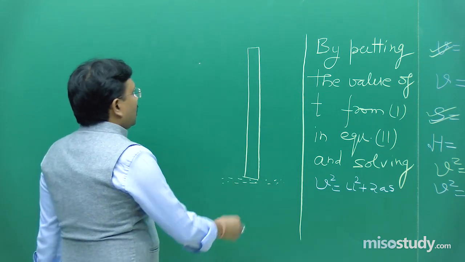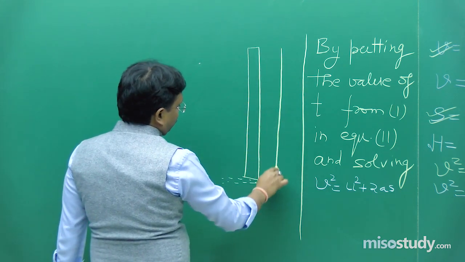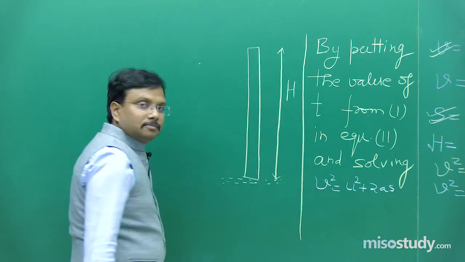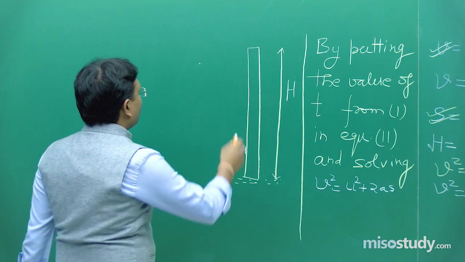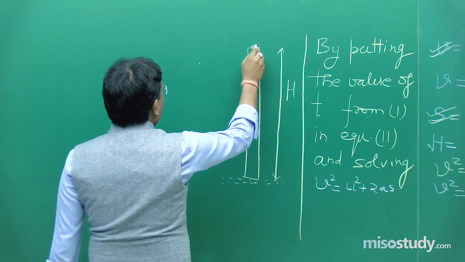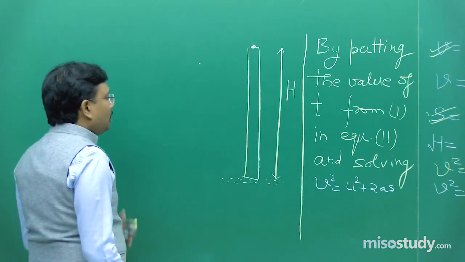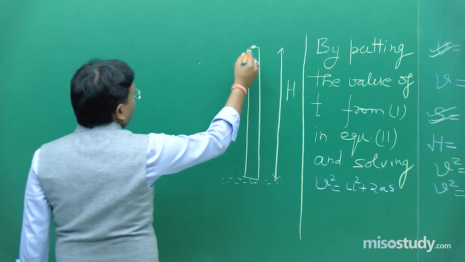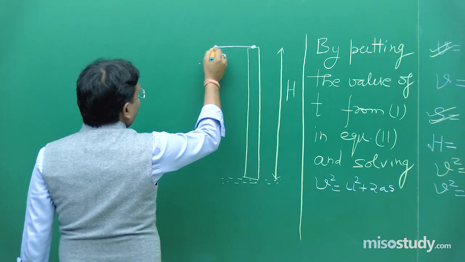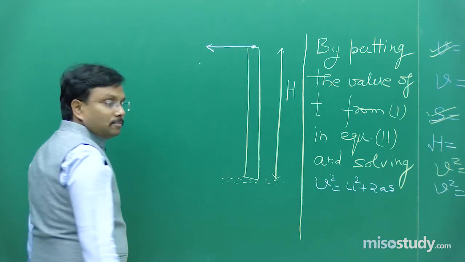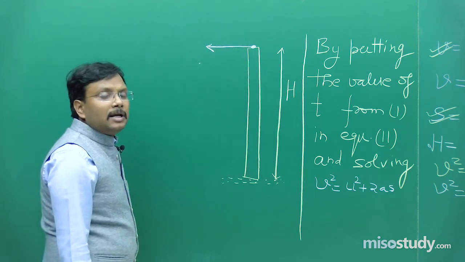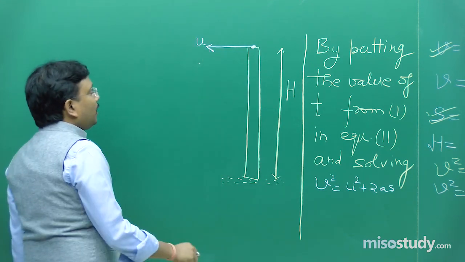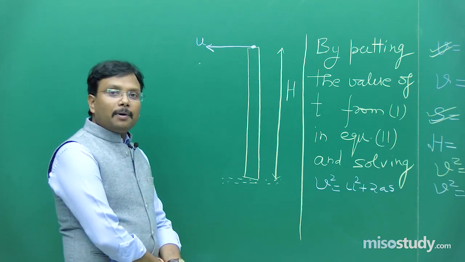Let us say the height of this historical monument is capital H. Now, from the top of this tower, I am throwing a ball horizontally with some velocity, let us say for example u. This is case number 1.